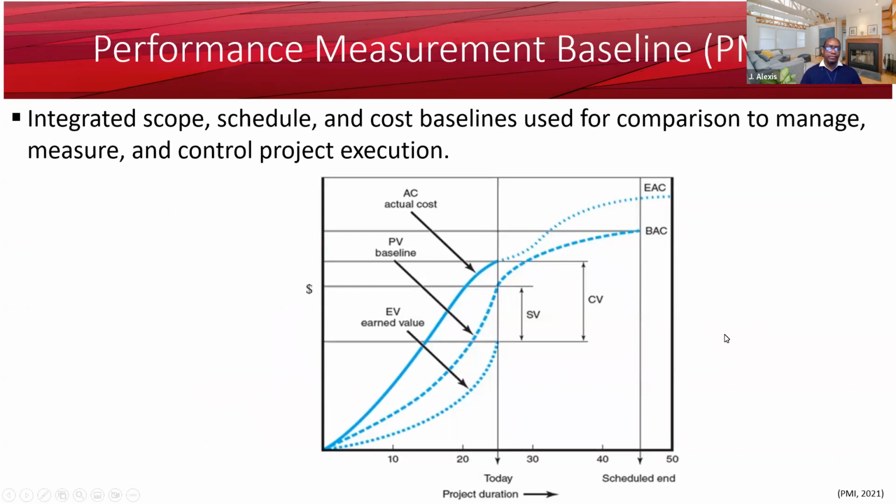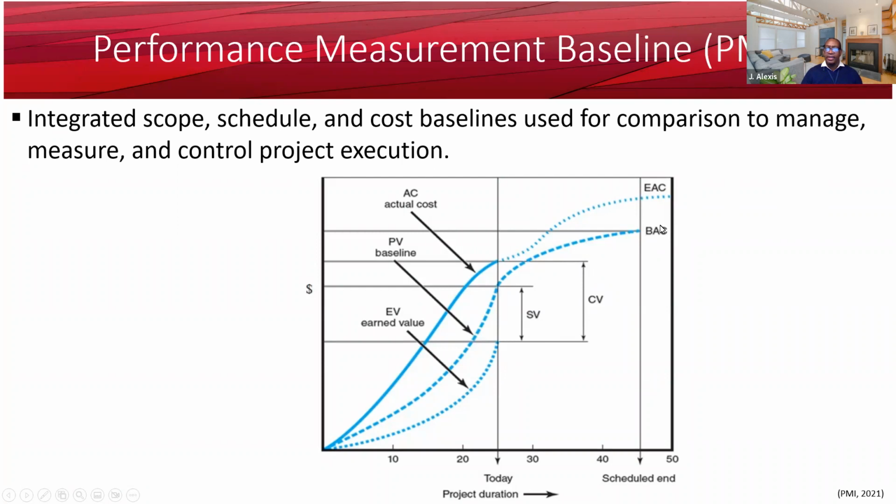So, the performance measurement baseline. The performance measurement baseline is an integrated scope, schedule, and cost baseline used for comparison to manage, measure, and control project execution. As you can see here, I have a budget for the project, and at any point during the project, I can measure my performance to see how my project will end, and what I'm earning from it, when you have a baseline.